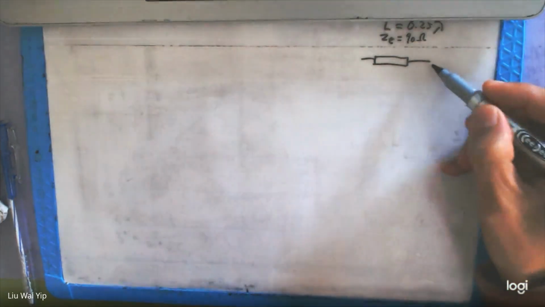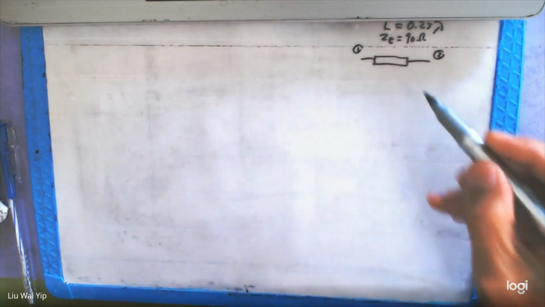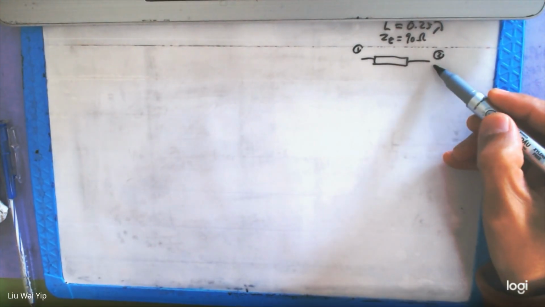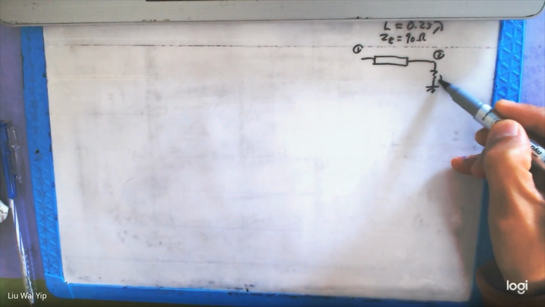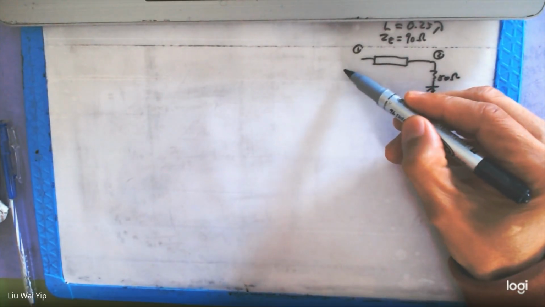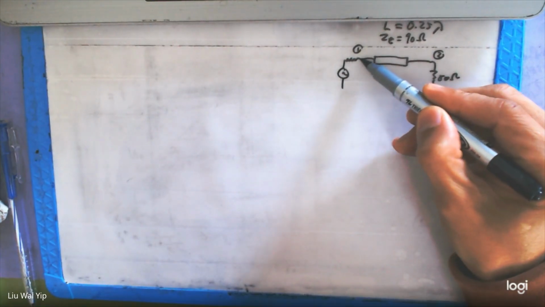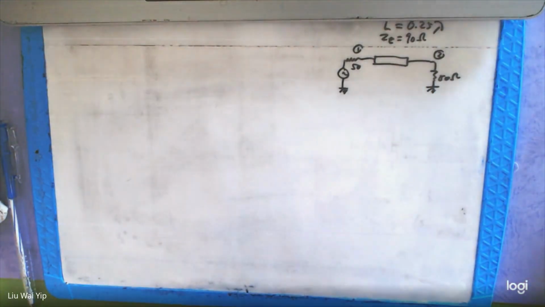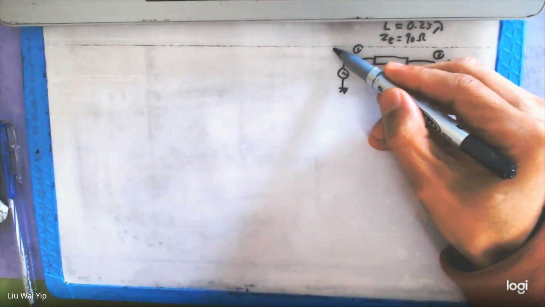And let's say this is port 2 and this is port 1. And we have a standard 50 ohm, because this is what the question asks. So 50. Now this is RL and this is R source.